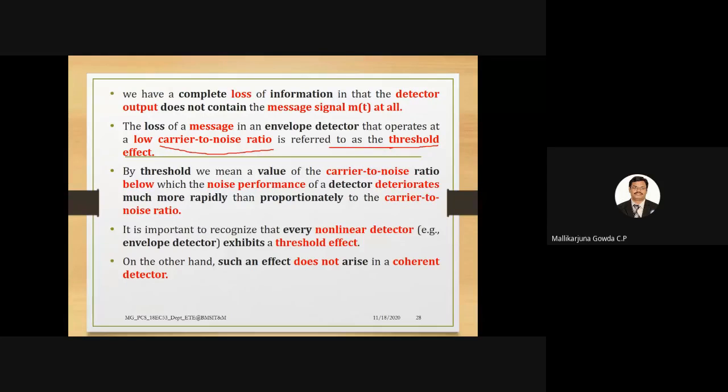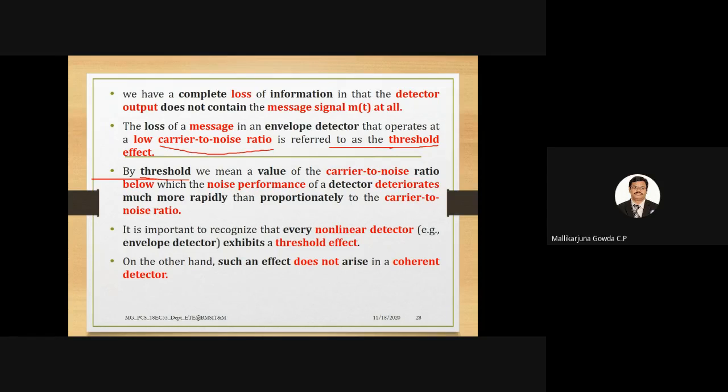So the meaning of threshold is a value of the carrier to noise ratio below which the noise performance of a detector deteriorates much more rapidly than proportional to the carrier to noise ratio. So that is the meaning of threshold.